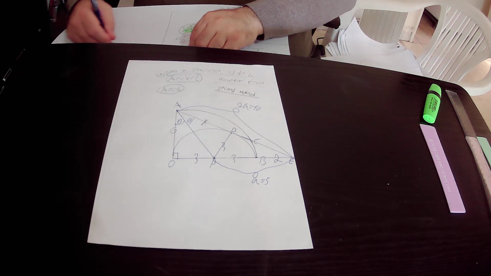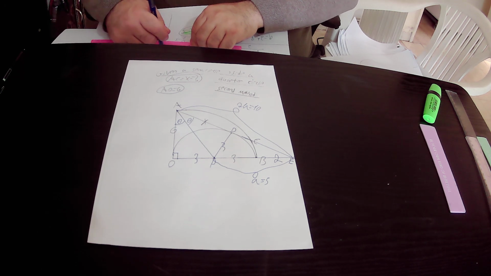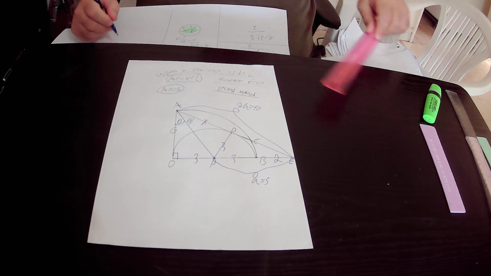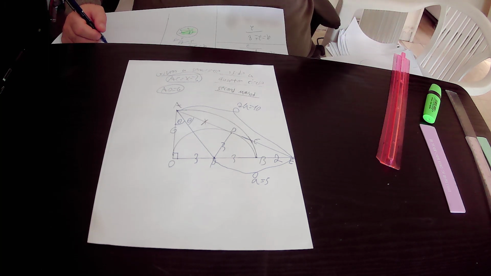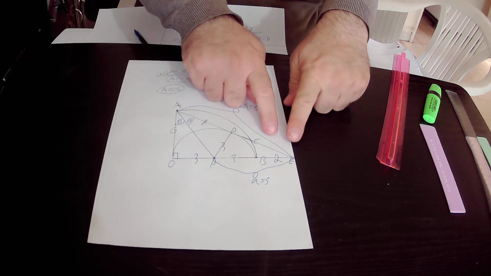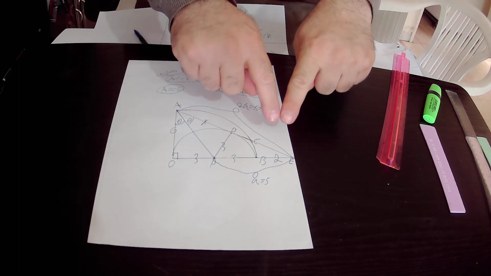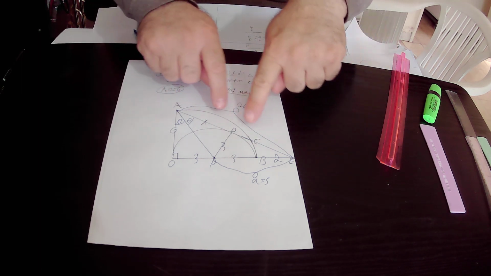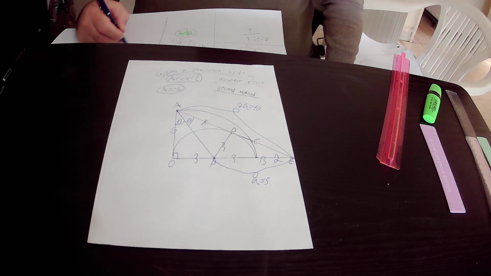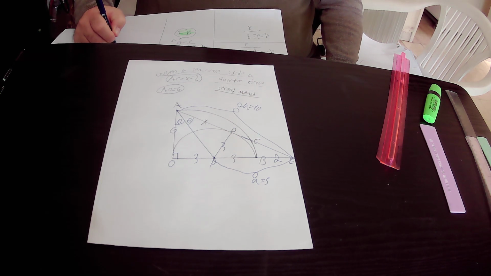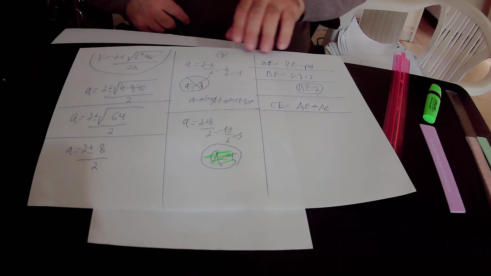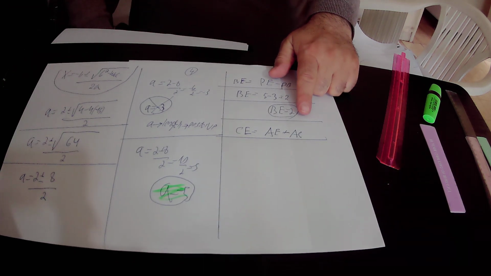In the next step, we will find out the length of line segment CE. What is the length of line segment CE? Here, from the drawing, it is very easy to see that CE equals AE minus AC. I repeat again, CE equals AE minus AC.